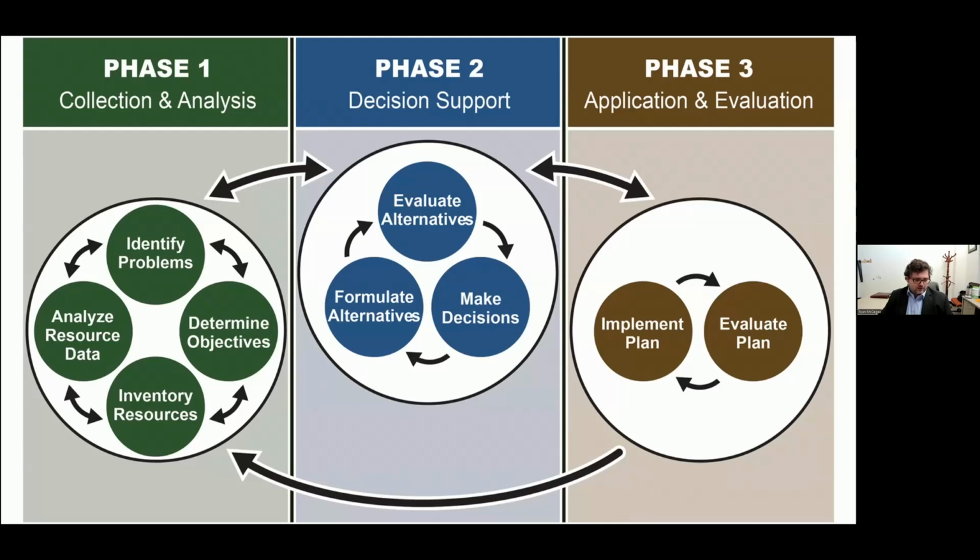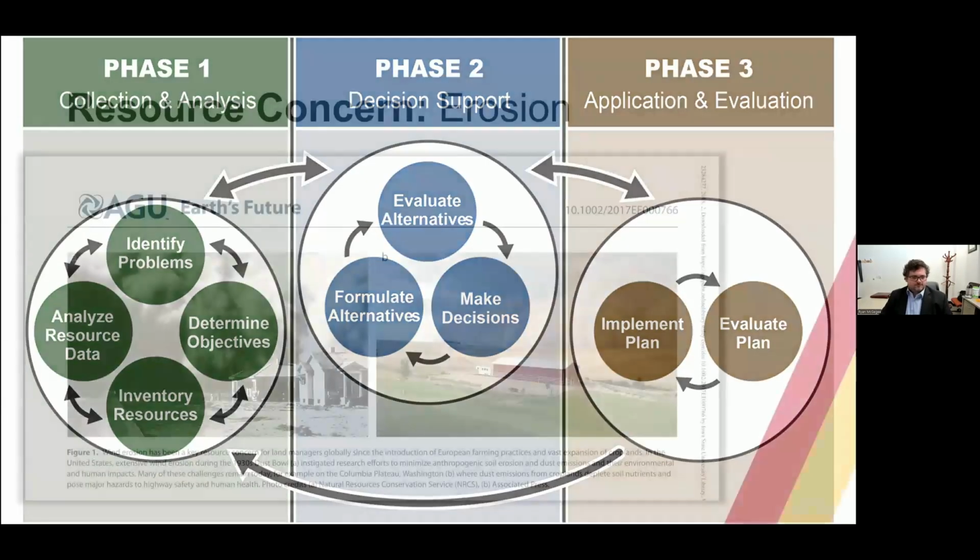In phase 2, we're actually going to be executing different model simulations and different configurations with your actual land or what you could do with your land. And then you will make decisions. And if anything is actually implemented, you will then compare those to the results that the model produced in phase 2 in phase 3. Okay, so that's the general overview.